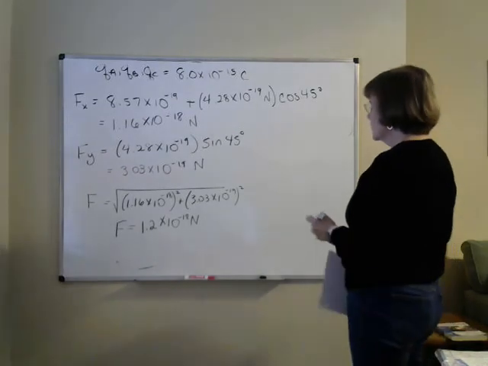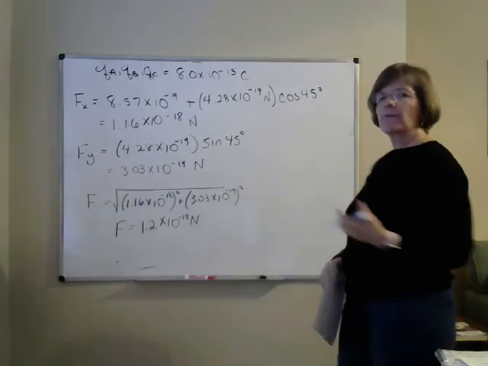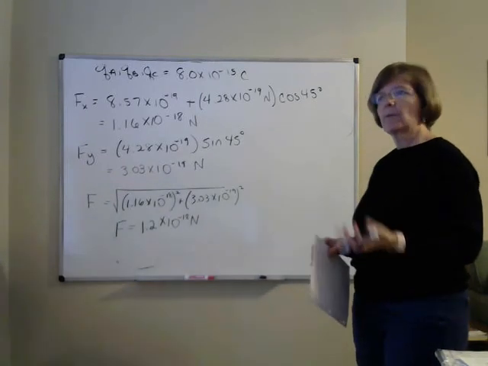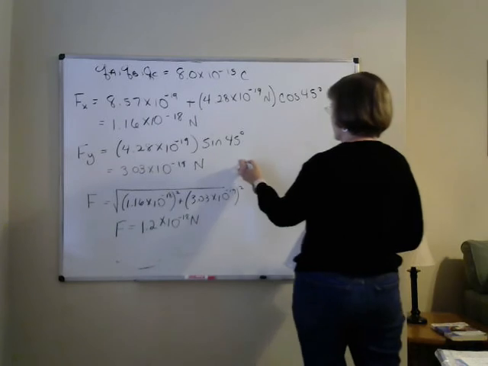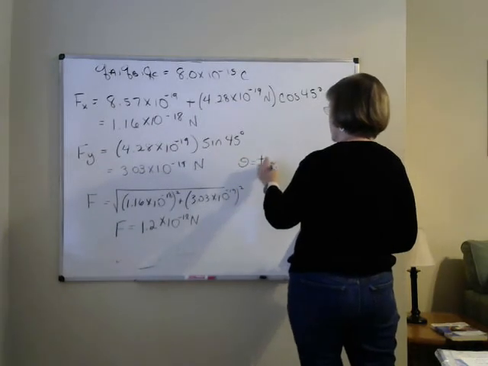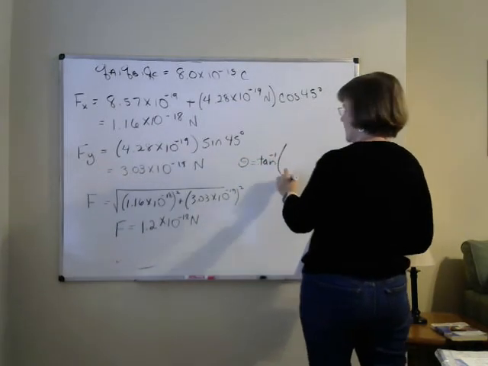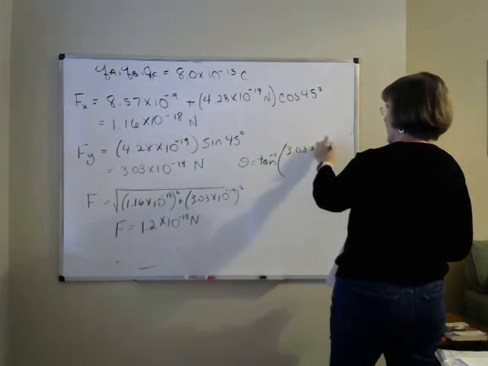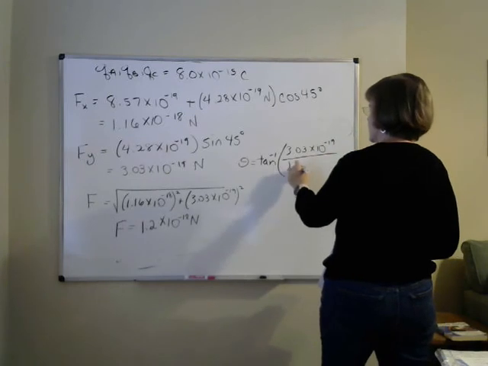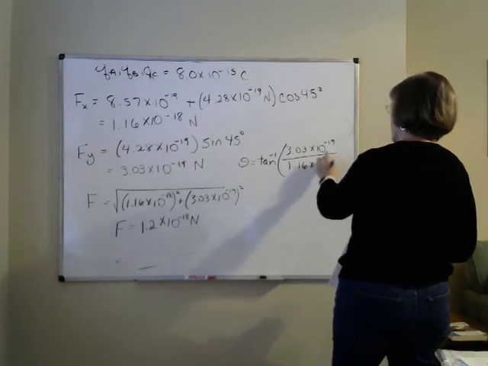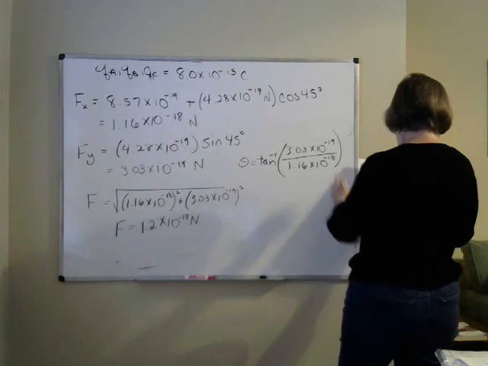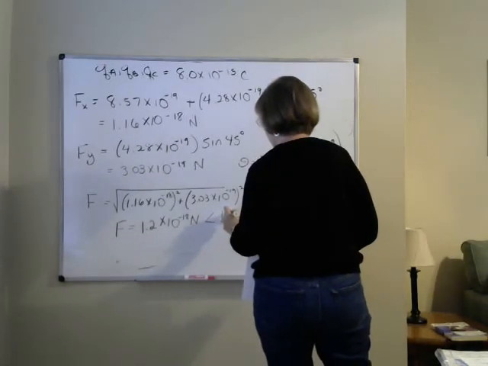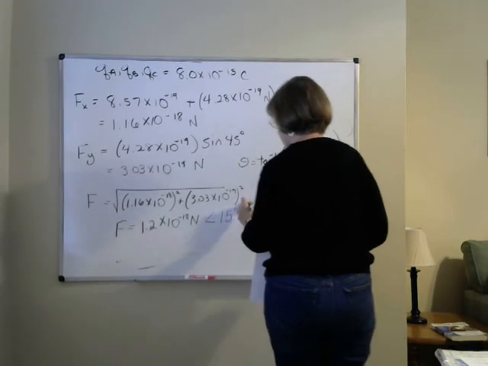The angle is going to be a first quadrant angle because the y component and the x component are both positive. So I would say theta is the tangent inverse of the y over the x, and that comes out to be exactly 15 degrees.